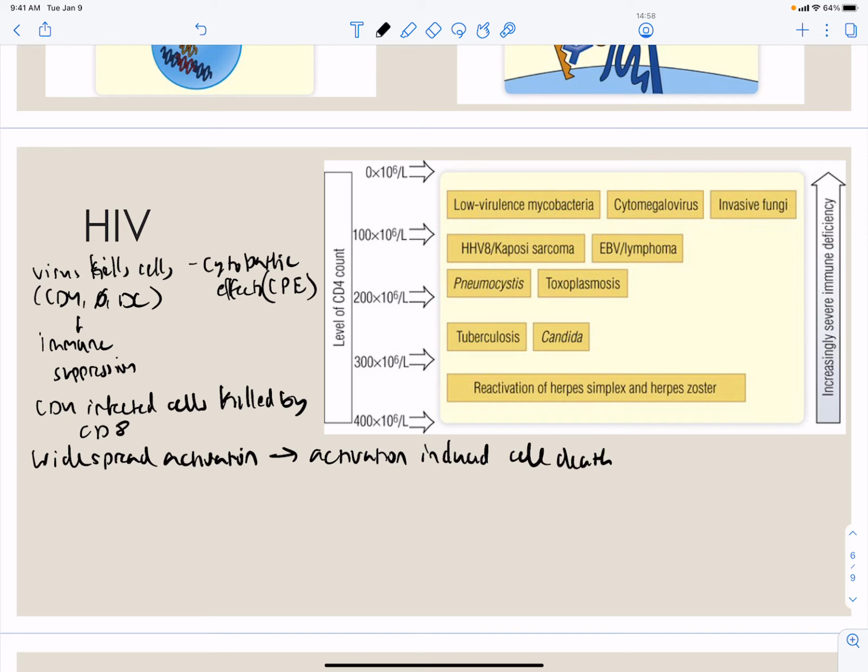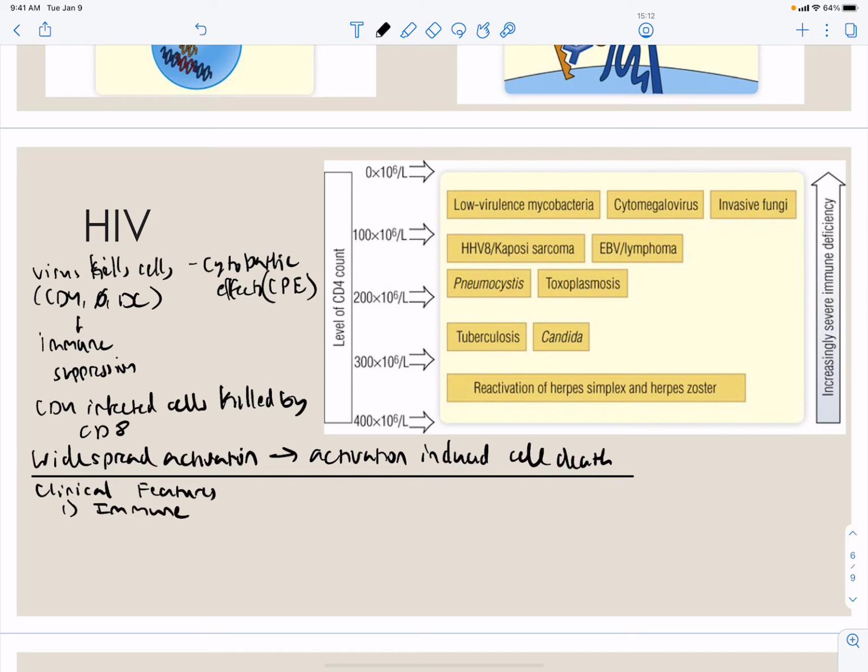Now you're going to have the immune system, so you're going to have some clinical. Let's talk about clinical. So the first is your immune system will control the virus. And then you're going to have an HIV seroconversion illness.